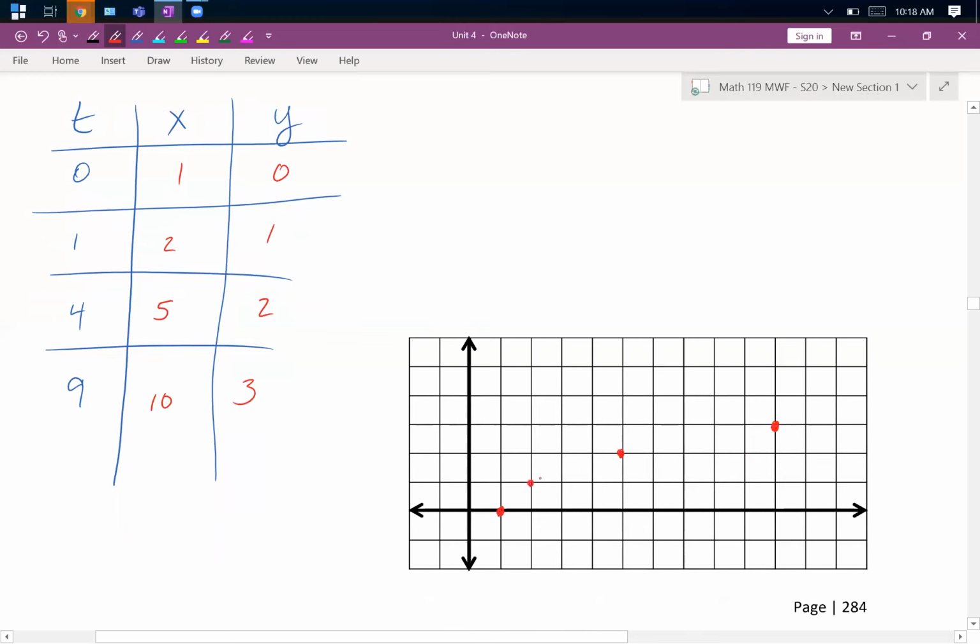We'll connect our dots in increasing t, so we're starting here at 0. And here our graph does not stop, so it does get an arrow on the end, and then be sure to go back and put your orientation arrows in as well. There we go. Questions at all on graphing parametric equations?